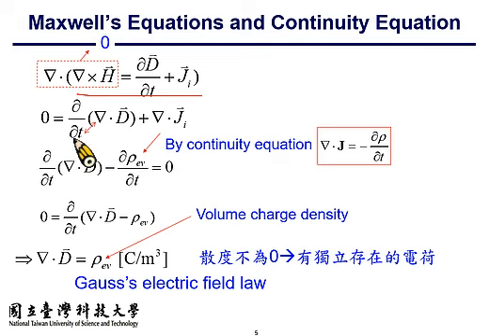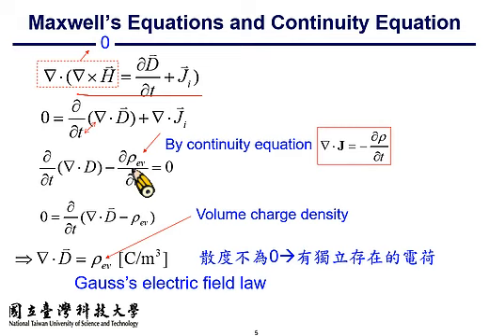We pull out the time derivative on the outside and do the divergence operation first. Here we can regroup the equation. On the left hand side, we have the time derivative of the divergence of D minus the time derivative of charge density must equal 0.